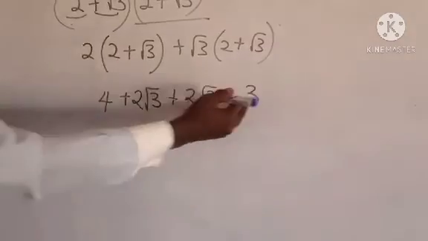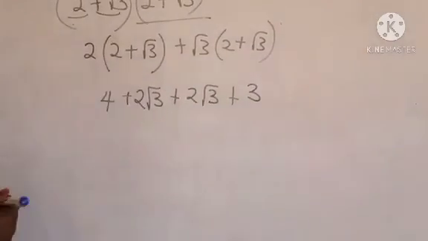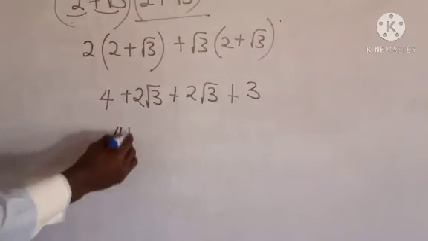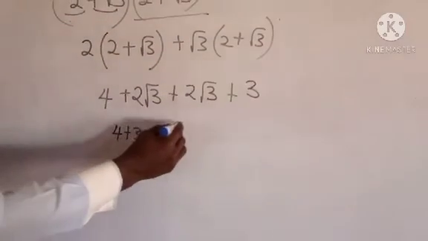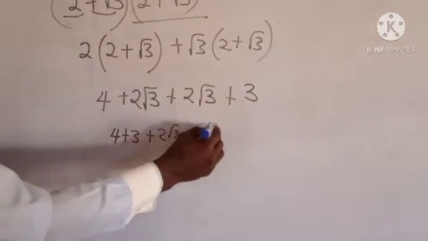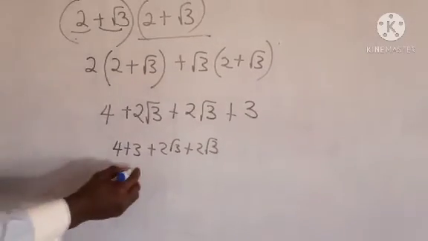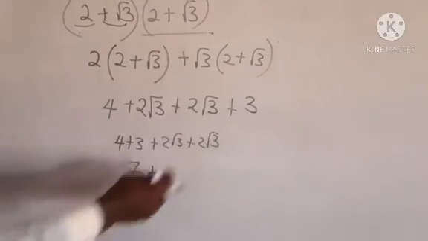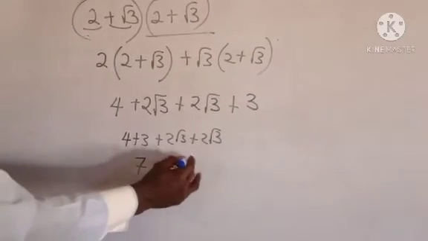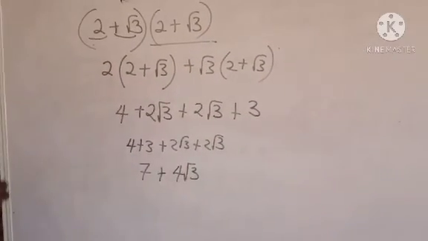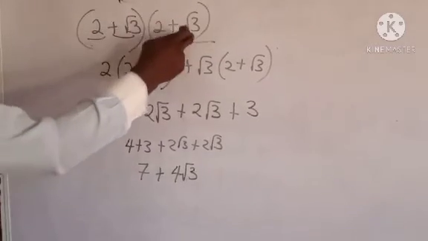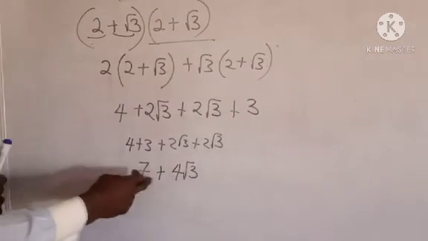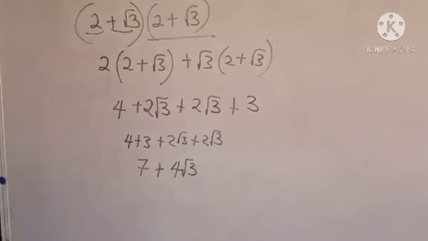So collecting like terms, because not all surds here are like, gives 4 plus 3 plus 2 root 3 plus 2 root 3. 4 plus 3 gives 7. 2 root 3 plus 2 root 3 gives 4 root 3. So expanding 2 plus root 3 by 2 plus root 3 gives 7 plus 4 root 3.